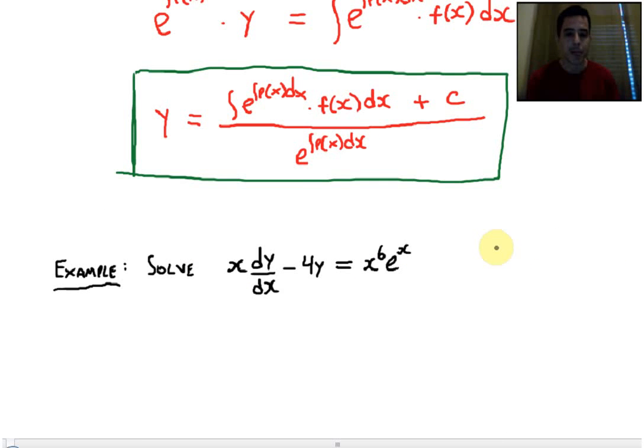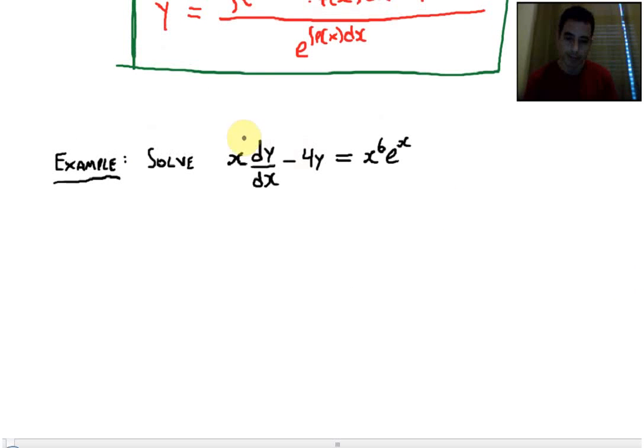Okay, here's an example where we're going to divide both sides by x, because we want a clean derivative. So let's do that first. If I divide both sides by x, notice that that means x can't be 0, so it's one condition we need to not forget.